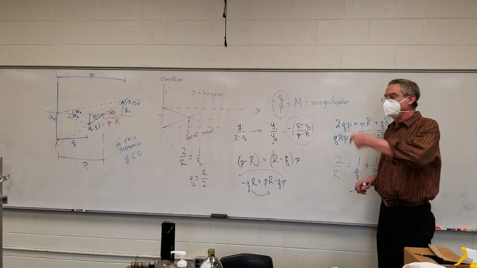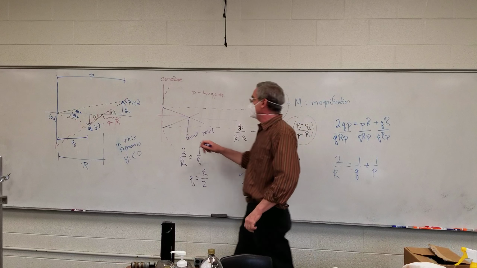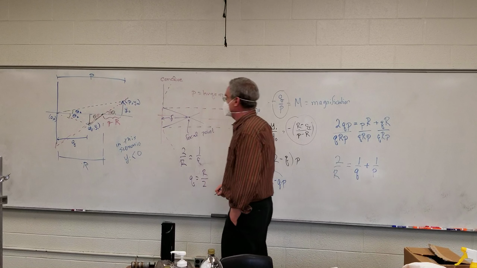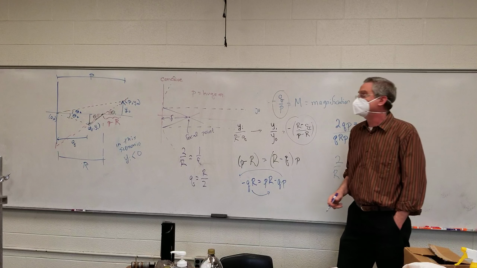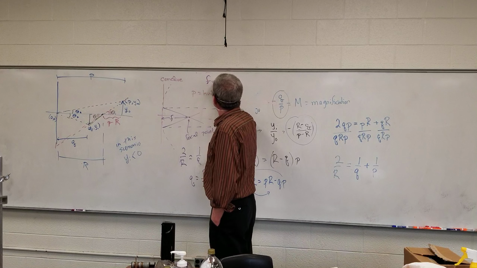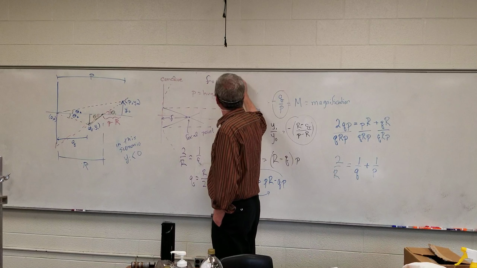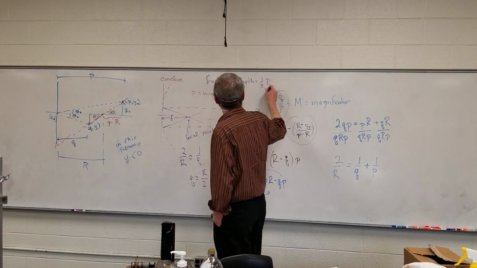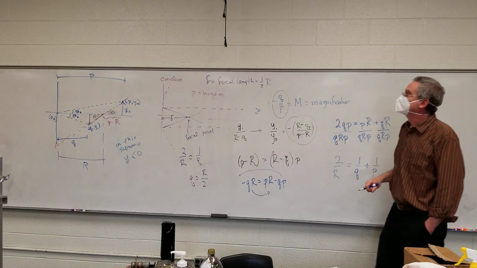The distance from the focal point to the center of the mirror is typically labeled with the letter F. It's the focal length of the mirror. So F equals focal length, which is 1/2 the radius of curvature of the mirror.